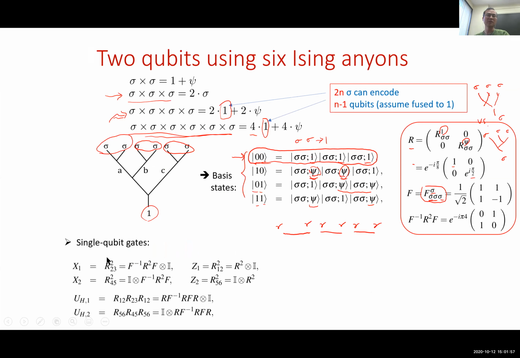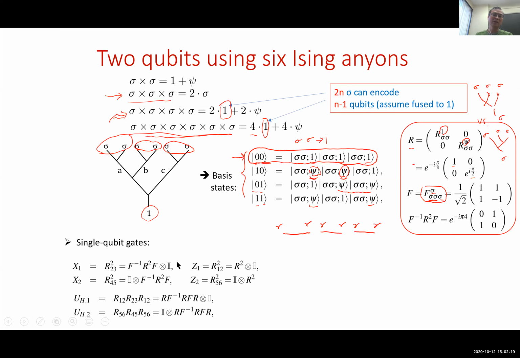It turns out that it's similar, you also have a NOT gate on qubit 1. And you could also have a logical Z gate on qubit 1. This is a logical X gate on logical qubit 2. This is a logical Z gate on qubit 2.